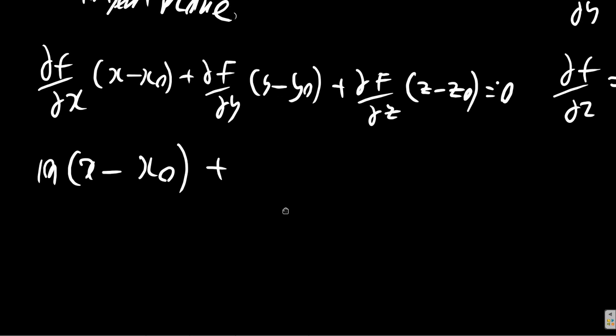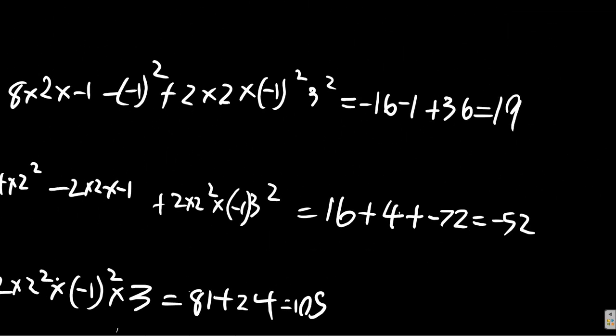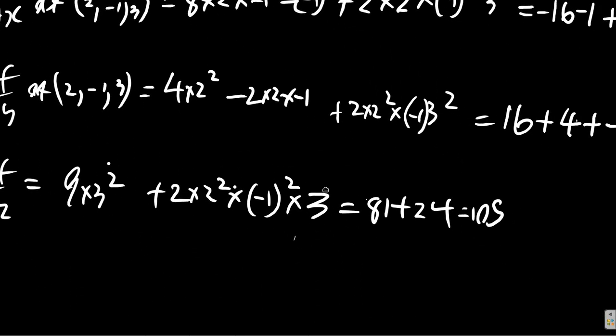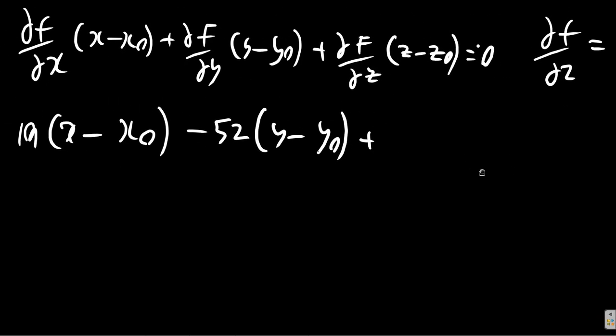So this would really be a minus. So we say minus 52 y minus y naught plus delta f by delta z is, what was it? Oh, 105, right. 105. So here we have 105 z minus z naught equals 0.